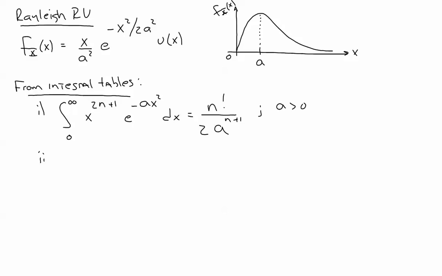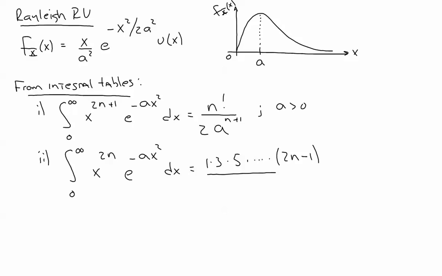Second relationship that I needed was integral from 0 to infinity of x raised to the 2n power times e to the minus a x squared equals 1 times 3 times 5 times all the way out to 2n minus 1, divided by 2 to the n plus 1 power times a raised to the nth power times square root of pi over a.